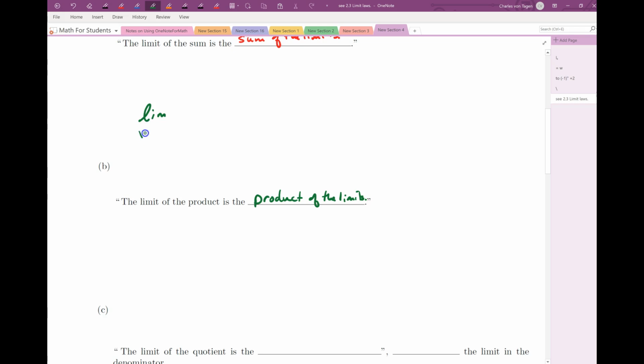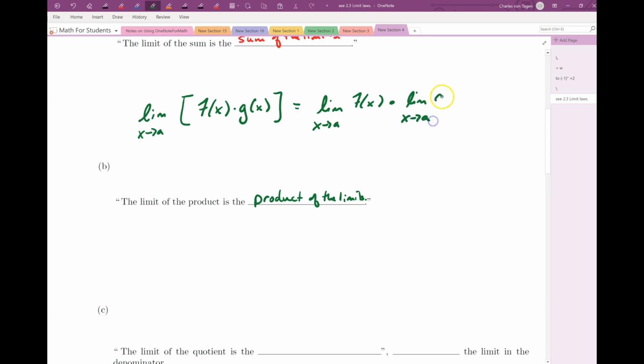Well, we'd say the limit as x approaches a of the product of these two functions, f of x times g of x, is equal to the limit as x approaches a of f of x times the limit as x approaches a of g of x. Well, we already knew that this limit here was m, and that the second limit here was n. So if we want to take the limit of the product of these two functions, it's just the product of the two limits. Okay?